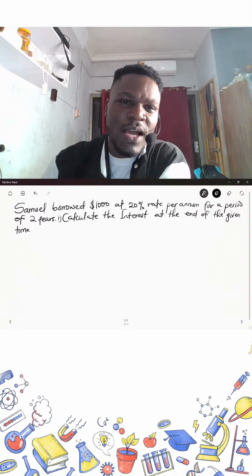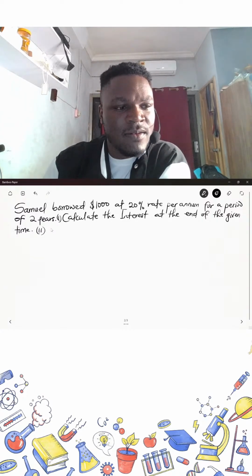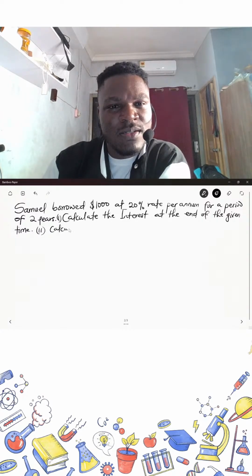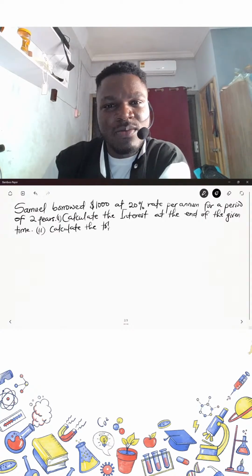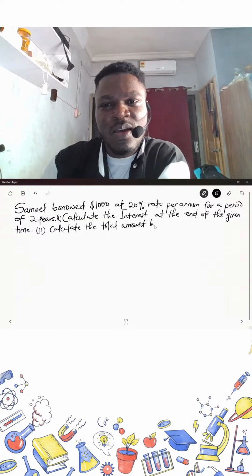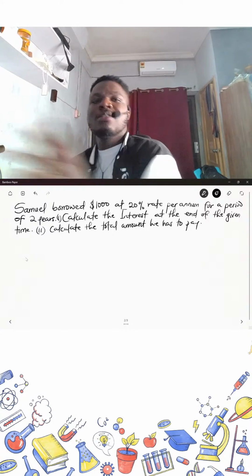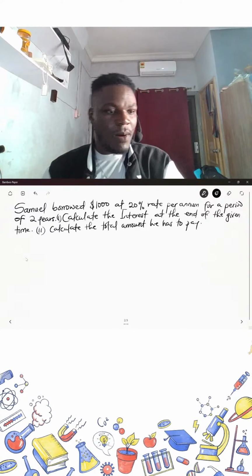Okay, so calculate the total amount he has to pay. All right. So this is the question, a very simple question that I just came up with on the spot.